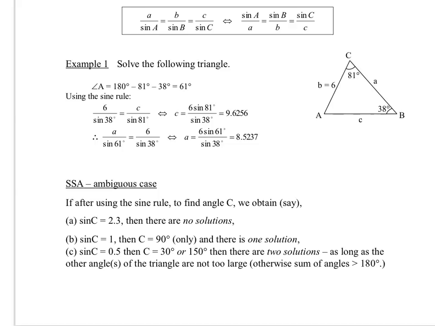But there's also another possible answer, which is 180 minus 30, which would be 150 degrees. However, you've also got to check that this other value doesn't burst the triangle, doesn't make the triangle more than 180 degrees. And we'll see a couple of examples of that on the next page.